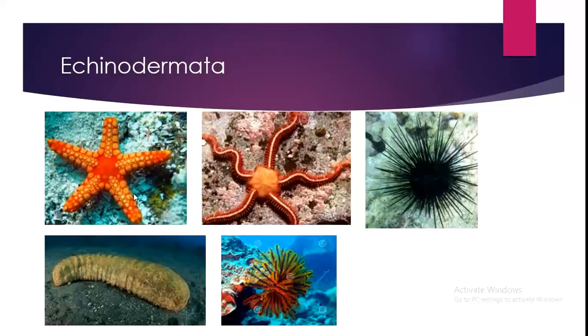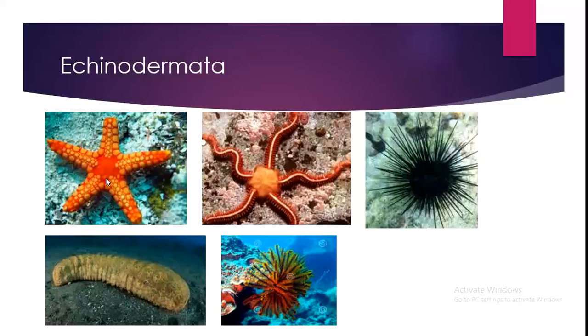These are triploblastic animals and most of them show pentaradial symmetry. When it comes to cnidarians, they showed radial symmetry. Annelida, mollusca, arthropoda showed bilateral symmetry.